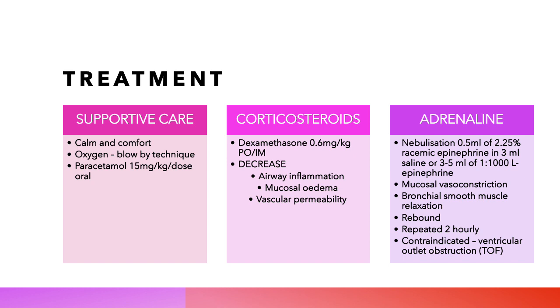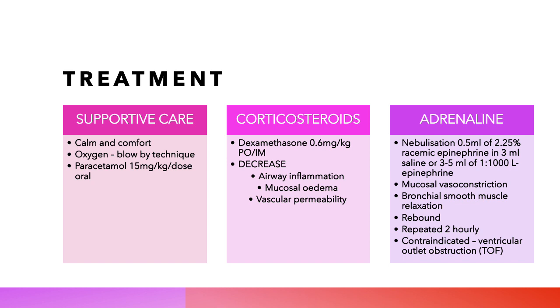There may be a rebound of symptoms within 2 to 4 hours of adrenaline nebulization, and the patient should be monitored for rebound. If symptoms persist, adrenaline nebulization may be repeated every 2 hours till improvement, or may be used more frequently if there is severe respiratory distress.